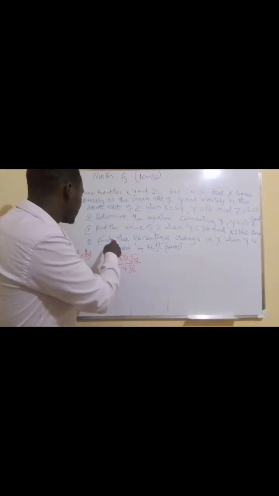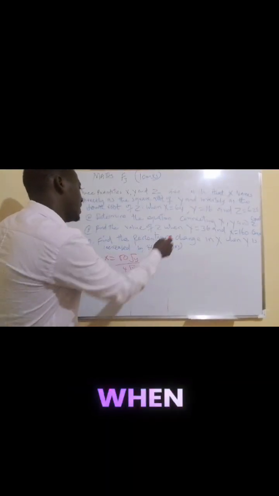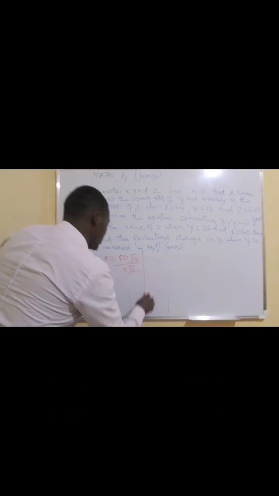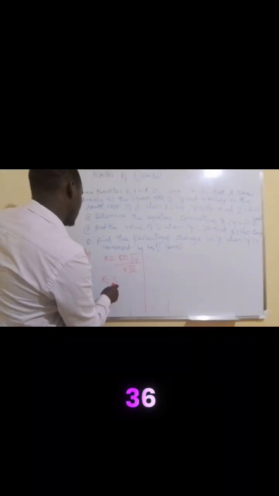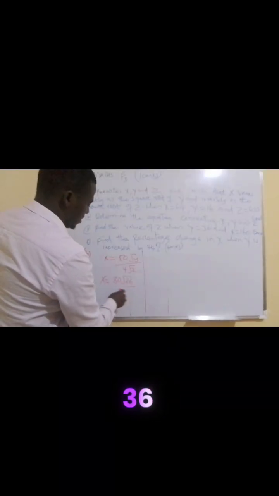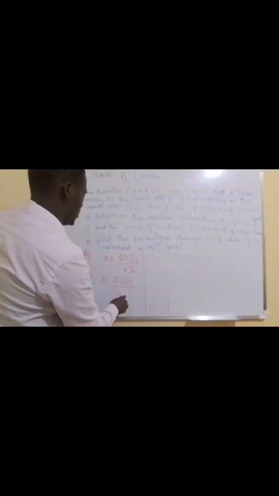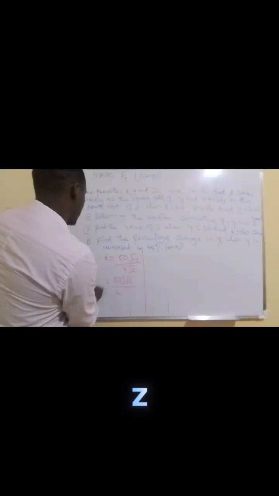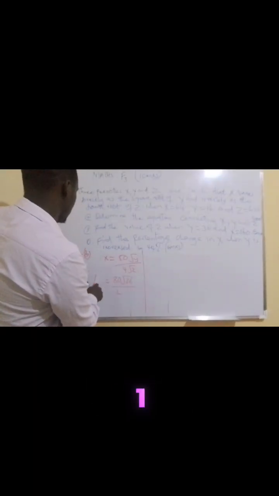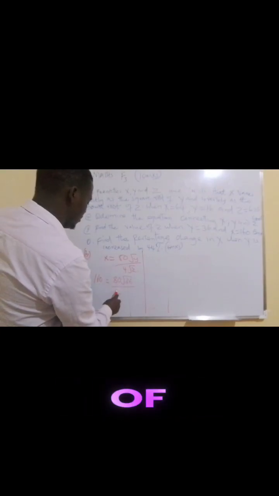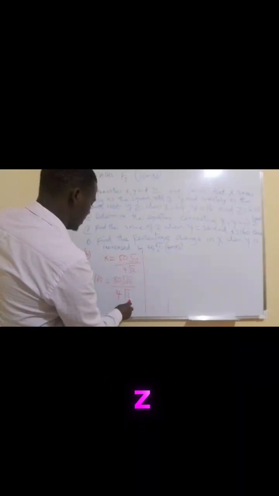Henceforth, find the value of z when x is 160 and y is 36. So x equals 8 square root of 36 over the 4th root of z, because you're looking for z. x is 160, and you don't know the z.